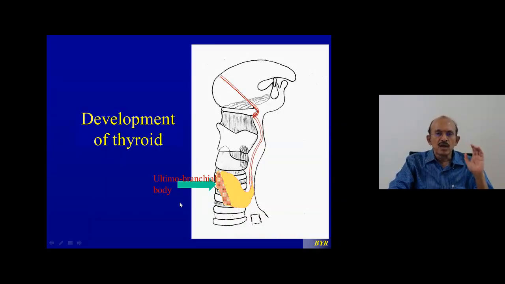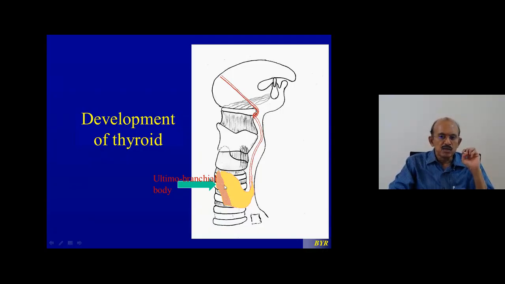The parafollicular C cells also are derived from the neural crest. They come into the fourth pharyngeal pouch, and in the form of the ultimobronchial body, merge with the thyroid gland.